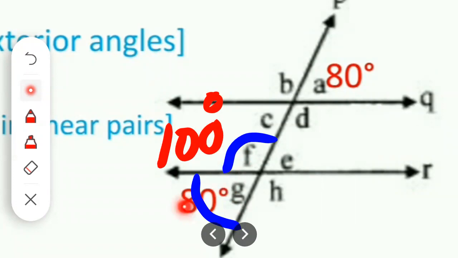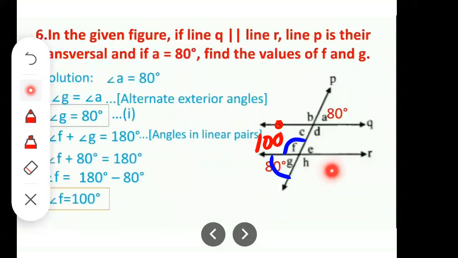Now, another way: E will be 80, as we know. G and E are vertically opposite angles. So if E is 80, then G will also be 80. By any way, you can write the solution here.